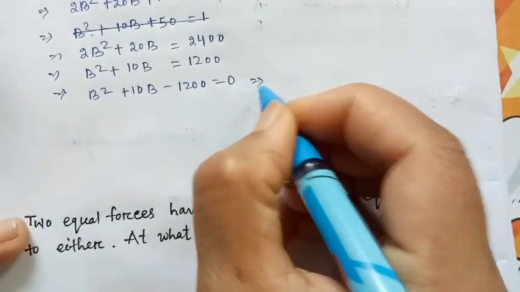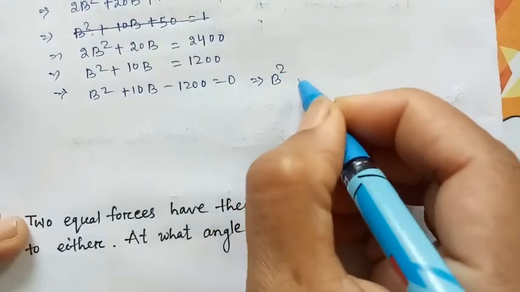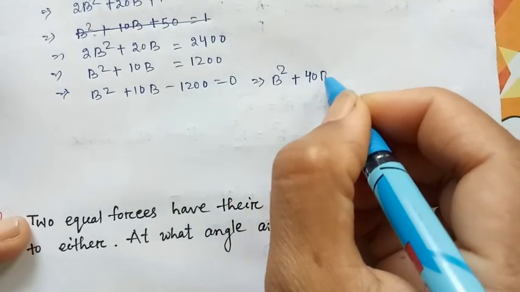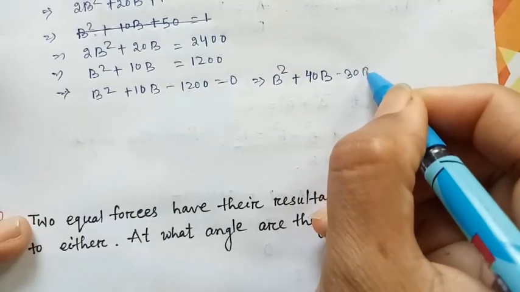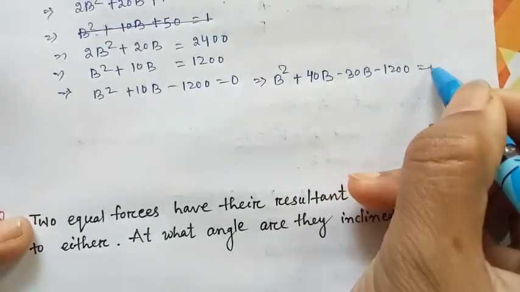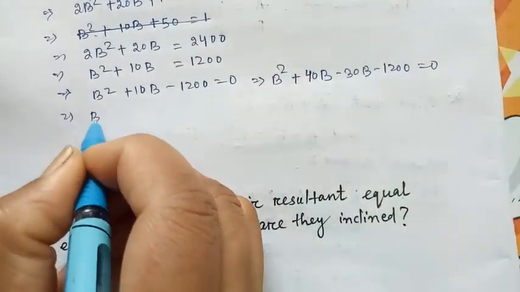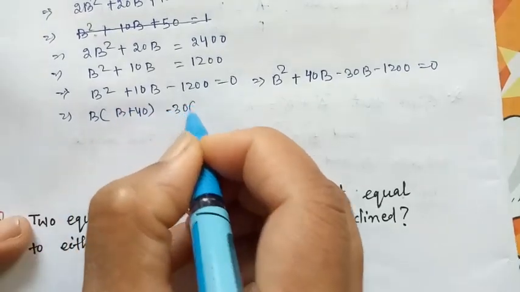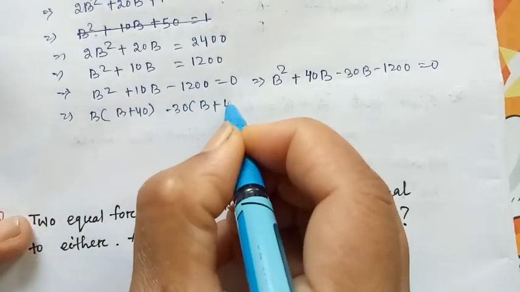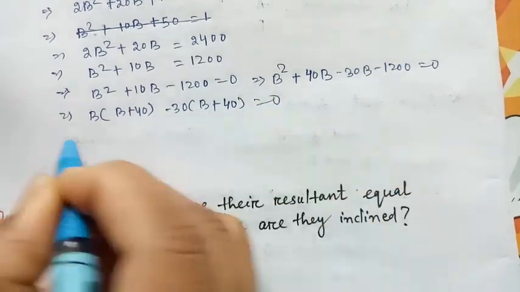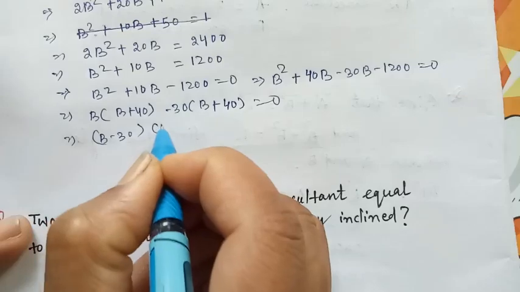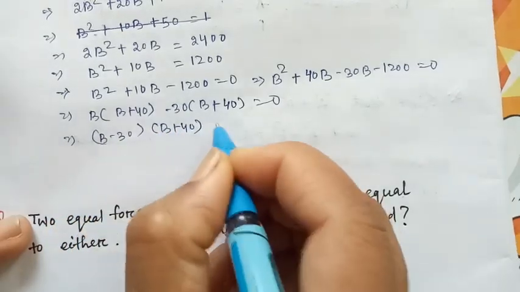We can write this as B square plus 40B minus 30B minus 1200 is equal to 0. Take B as common, so B plus 40 minus 30, then B plus 40 is equal to 0. That implies B minus 30 or B plus 40 is equal to 0.